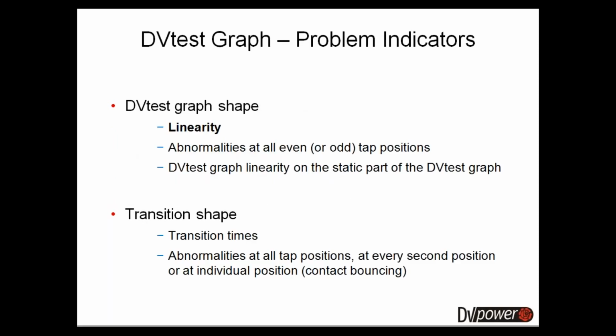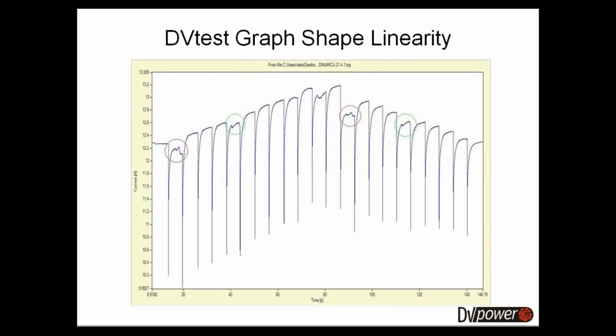Now, the indicators of a problem with a DVTest graph can be various. First among them is the overall graph shape of the DVTest. What I'm mentioning here is that when you go from position 1 to position 17 or 21 or 33, or however many positions you have, you want your overall graph to be linear.